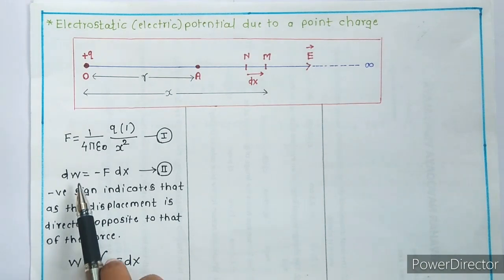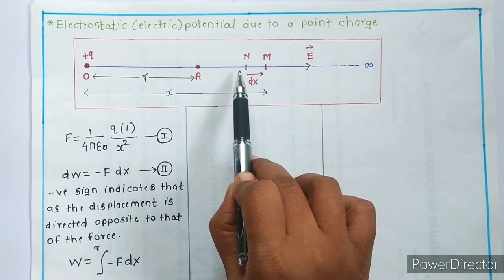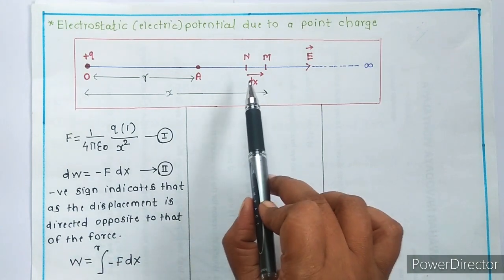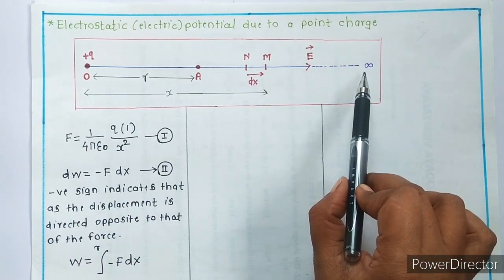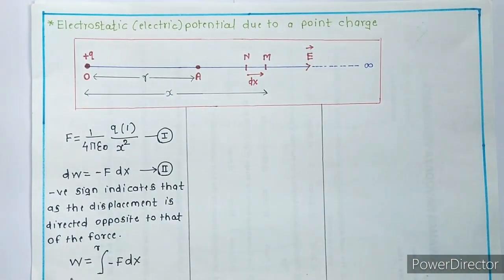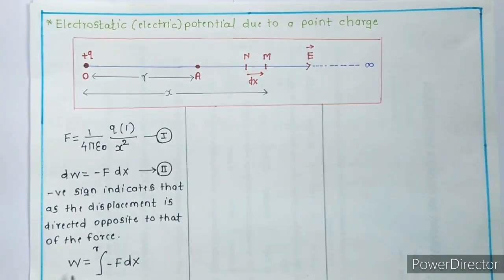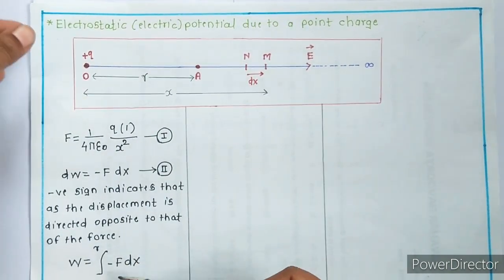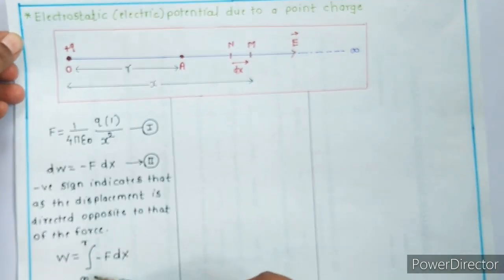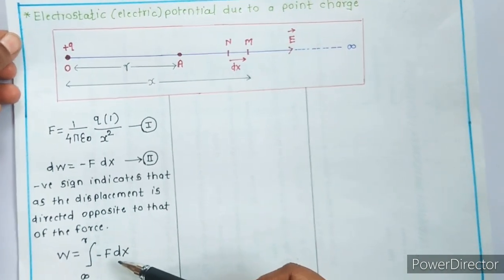Now this is a small work done for displacement from M to N. I have to find the total work done in displacing from infinity to point A. That's why I will integrate. W is equal to the integration from infinity to R of minus F dx.